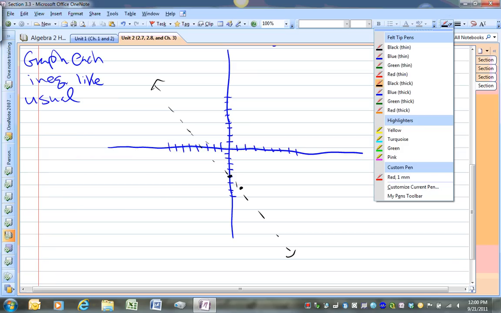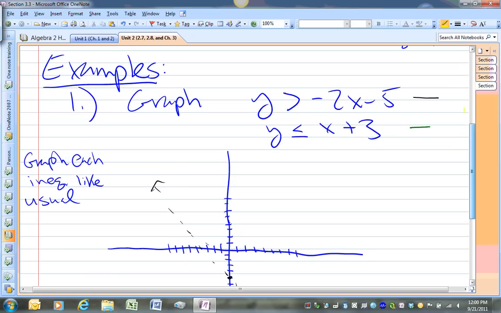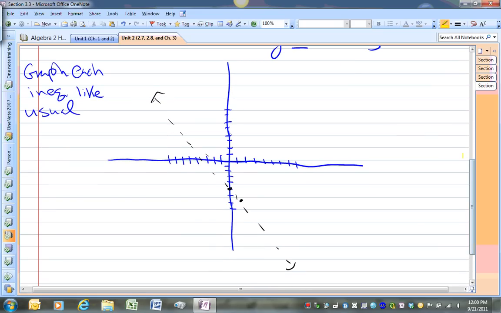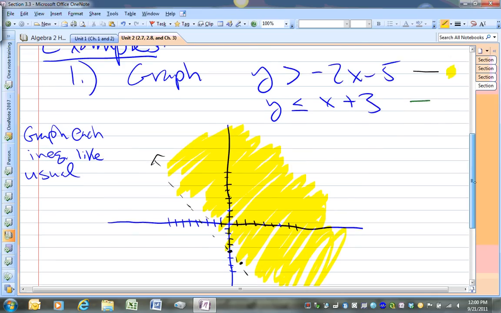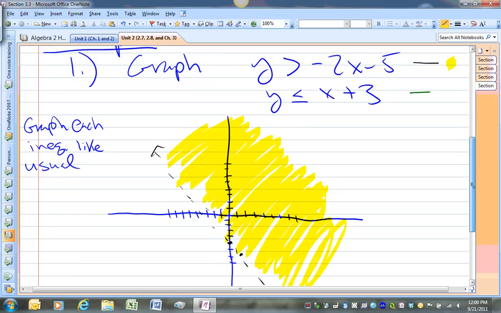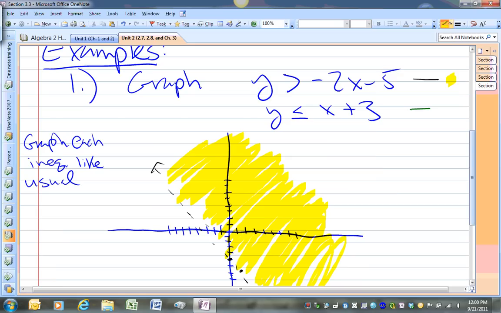Now for this shading, let's use a yellow highlighter. So the line is black, we'll use a yellow highlighter. If you have different colors at home, you could do it, or you could just shade in a different pattern if you're using a pencil.